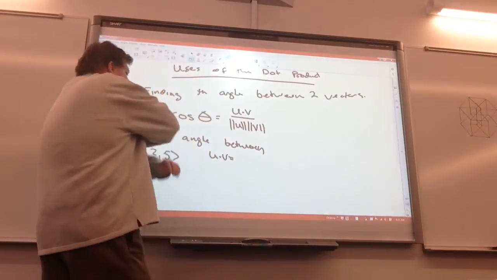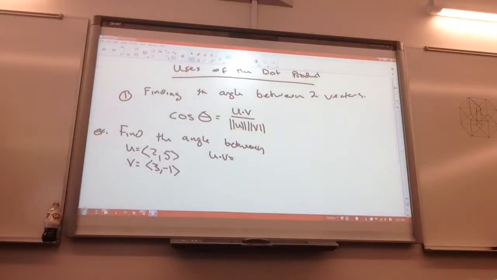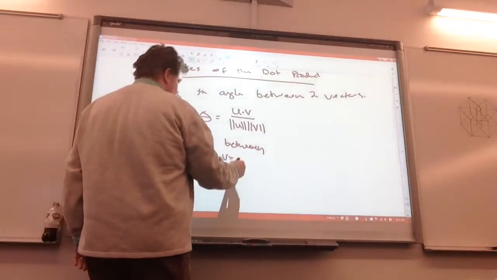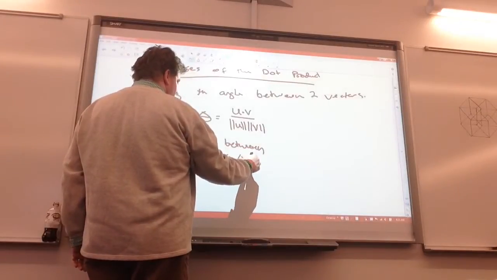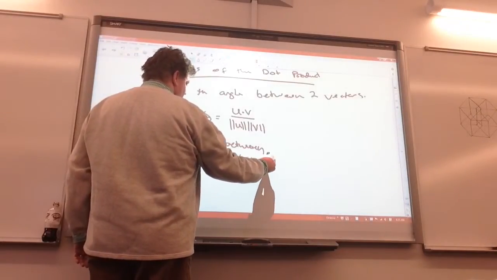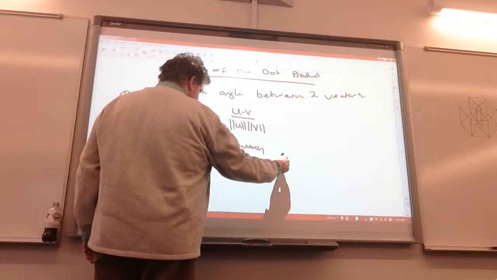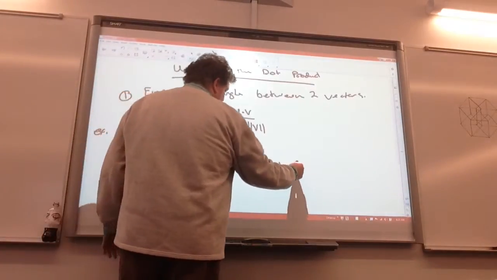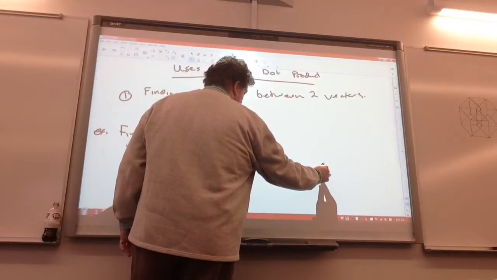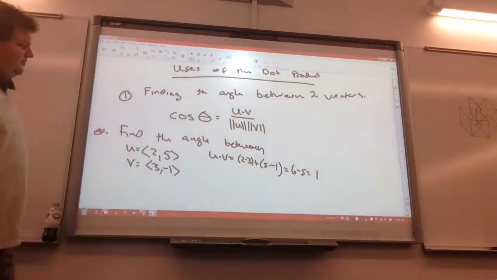That should be easy enough. How would that be written? 2 times 3 plus 5 times negative 1, which would be 6 minus 5, or 1. We actually did that example earlier.